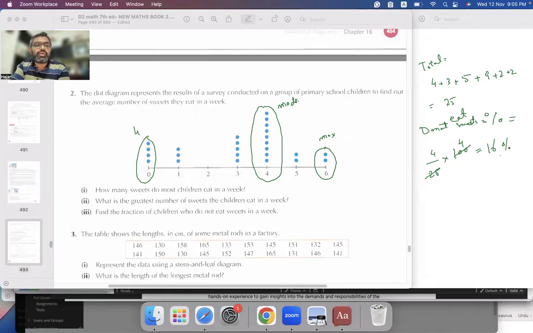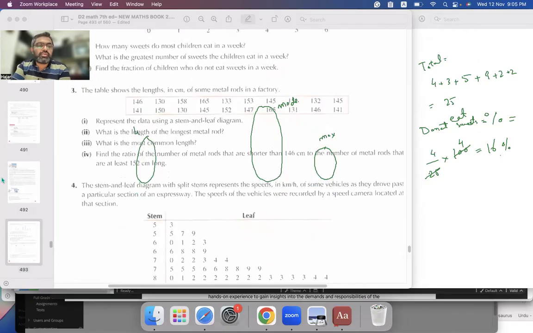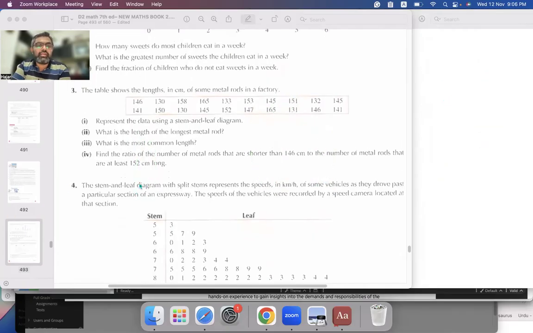So let's move on to question number 3. Over here, we are given a table of some lengths in centimeters of some metal rods in a factory. We have to represent it using a stem and leaf diagram. In a stem and leaf diagram, we need to define the stem and then associate leaves with it.